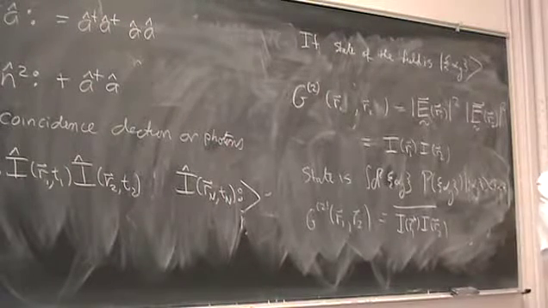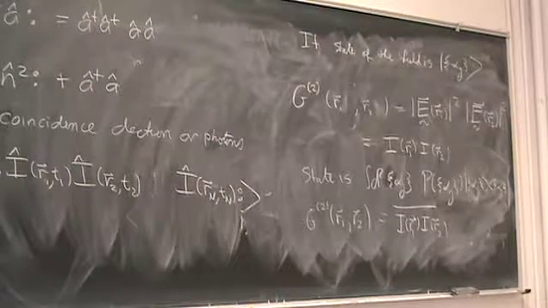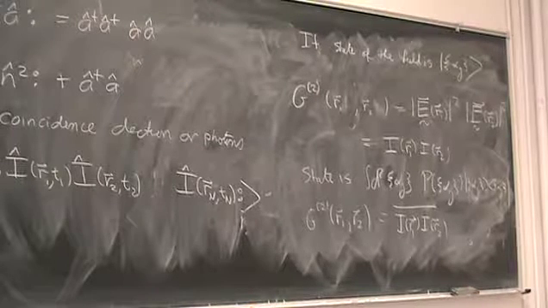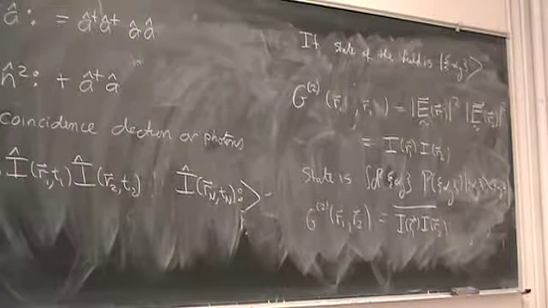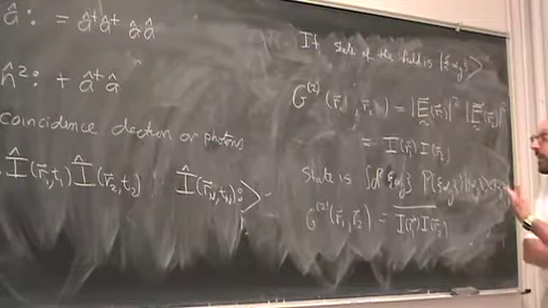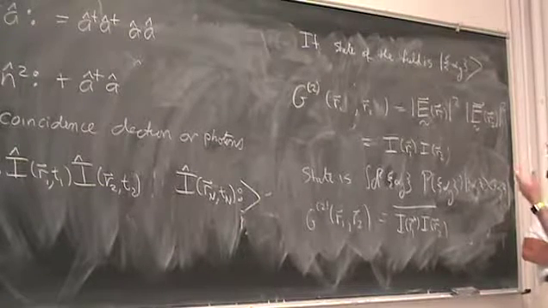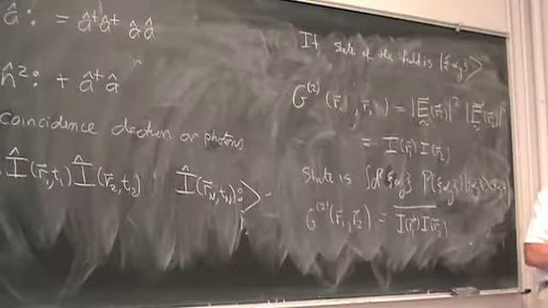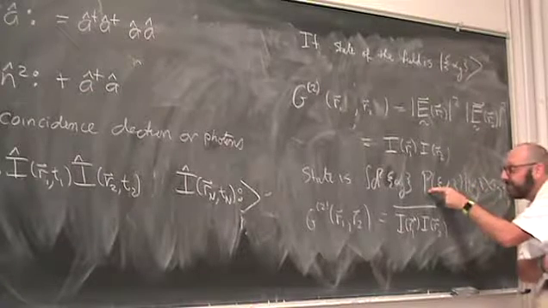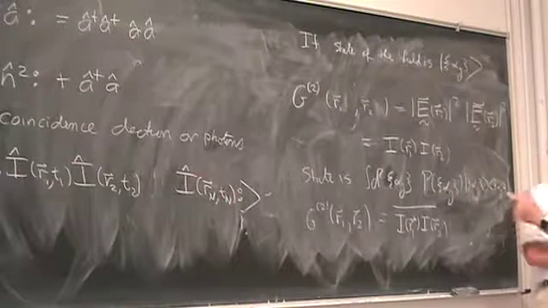Okay? But there are some correlation functions which satisfy certain inequalities that can be violated when the state doesn't satisfy this property, as we just saw.